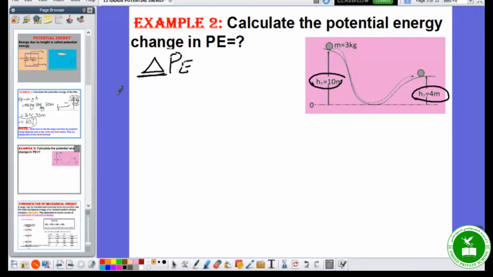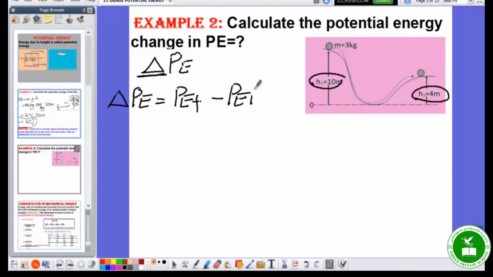So from here delta PE is equal to final potential energy minus initial potential energy.